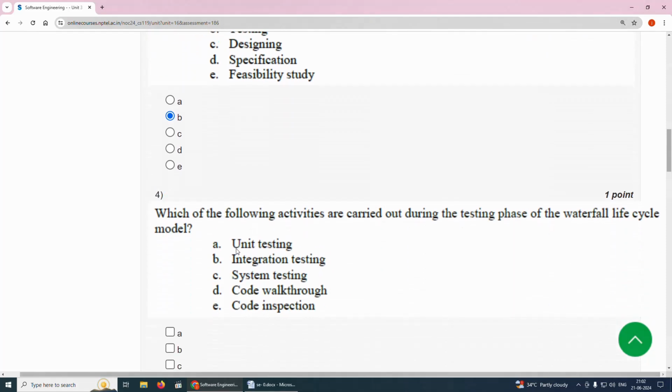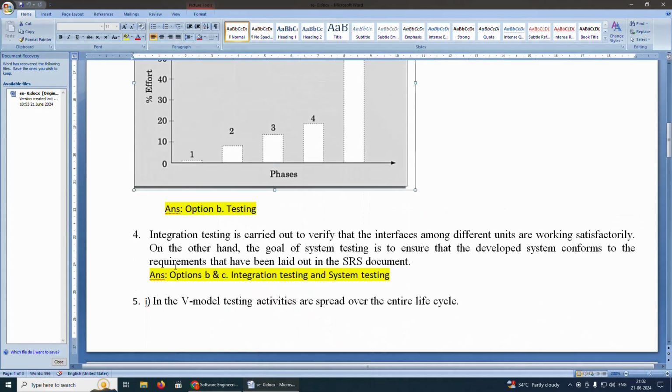Fourth question, which of the following activities are carried out during the testing phase of the waterfall life cycle model? Integration testing is carried out to verify that the interfaces among different units are working satisfactorily. On the other hand, the goal of system testing is to ensure that the developed system conforms to the requirements that have been laid out in the SRS document.